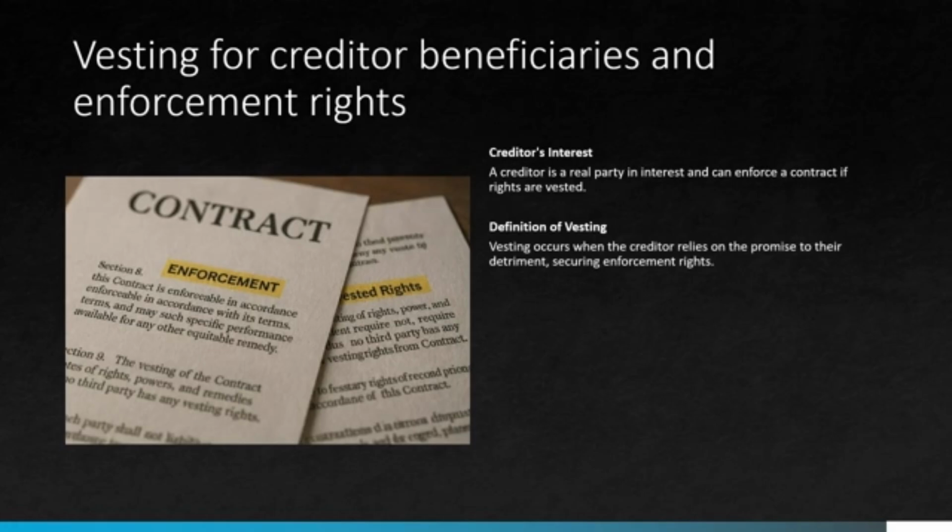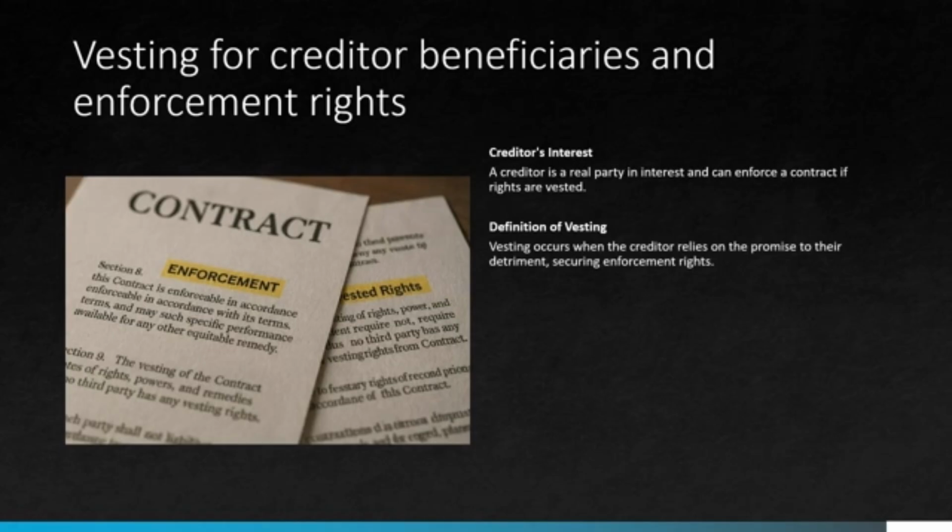So an example here is Barney enters into a contract with a florist to deliver flowers to Betty on Valentine's Day. The day before, Barney tells Betty to expect the flowers, and Valentine's Day comes and goes, and they're never delivered. So the flower shop has essentially breached their contract with Barney.